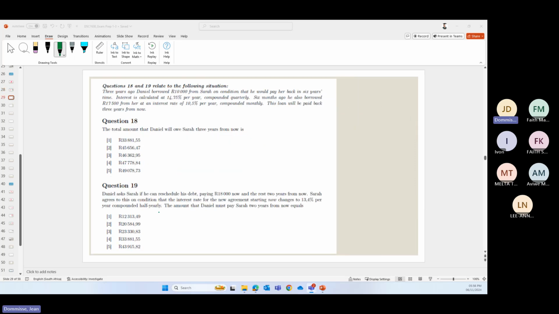So again, very similar type of thing, where they give you information. Again, you nearly need to use whatever you get in question 18, and use it in question 19 as well.